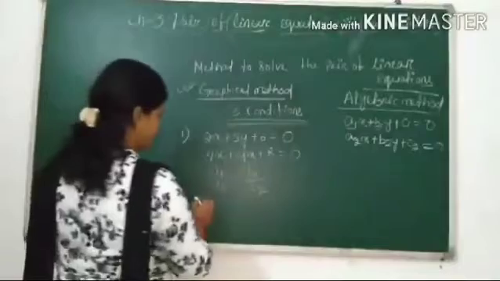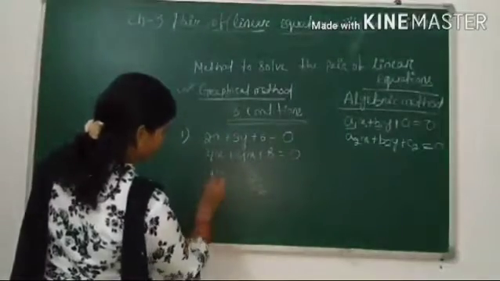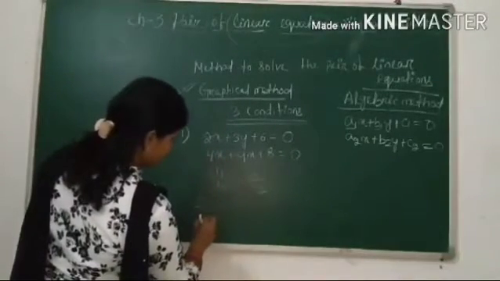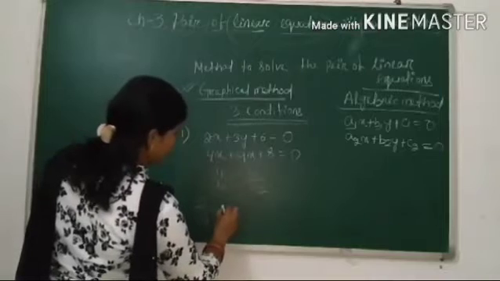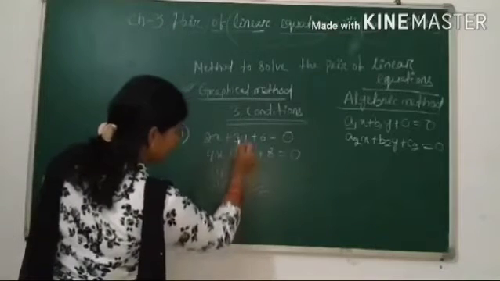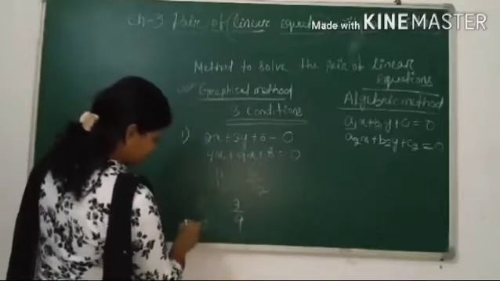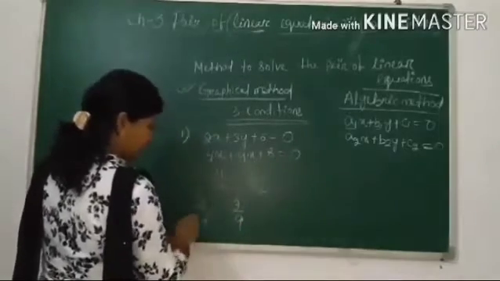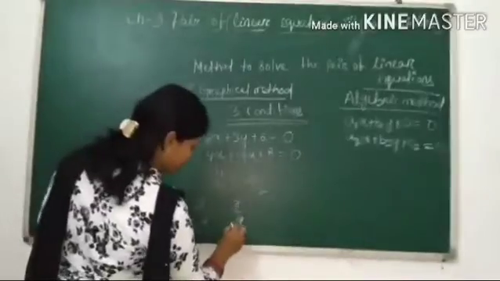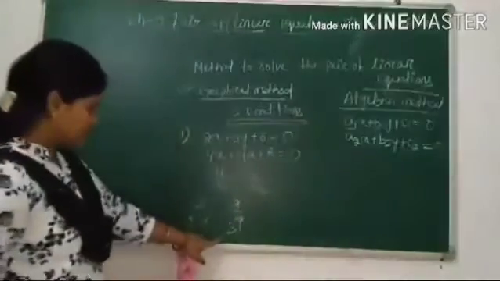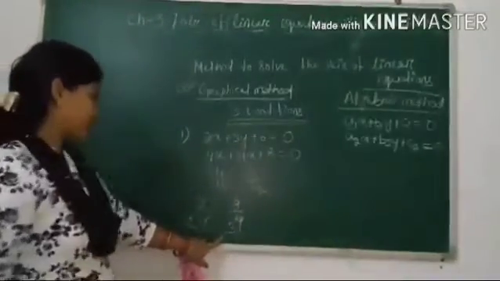So here I will write 2 by 4 and here 3 by 9. If I cancel here, I will get half. If I cancel here, I will get 1 by 3.